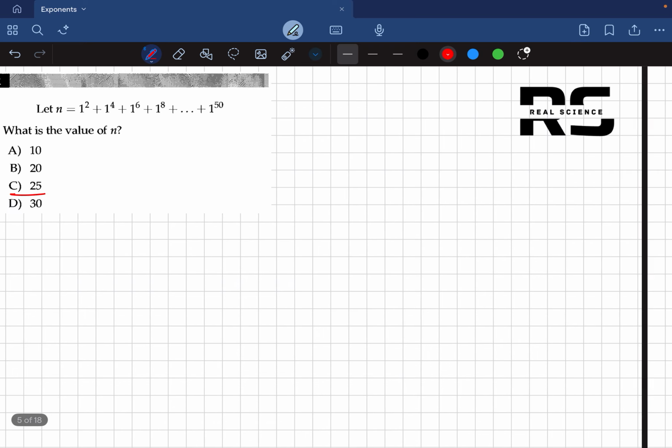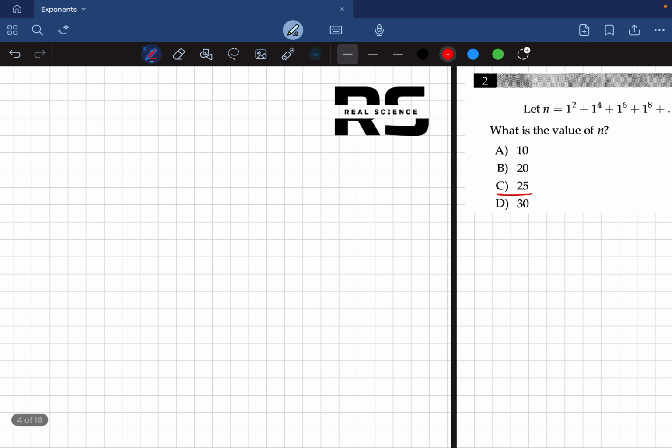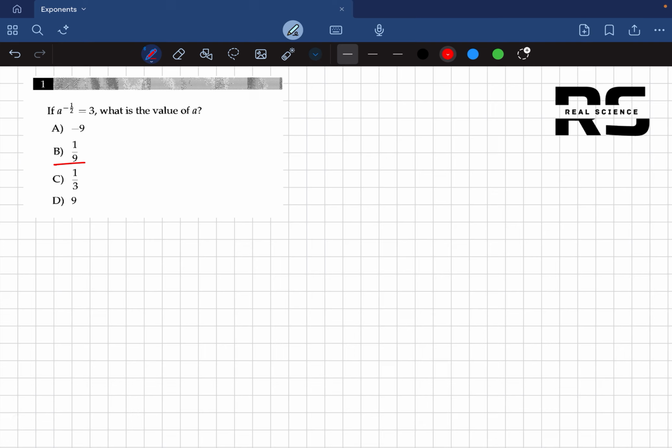So I'll be solving each question and I'll try to explain everything as detailed as possible. So we have the first question: if a to the power of minus 1 over 2 is equal to 3, what is the value of a? In order to solve that, let's rewrite it like this, okay? If you remember, any number, let's say number a, raised to the power minus n, we could rewrite as 1 over a to the power of n.